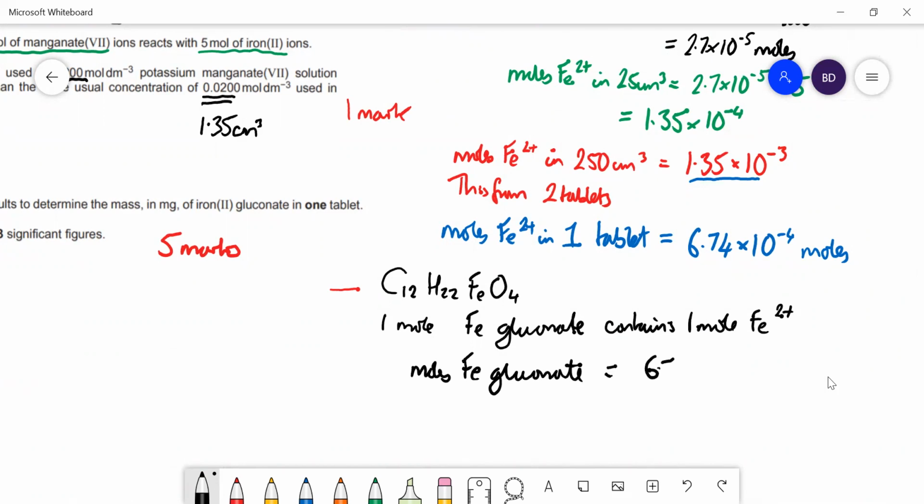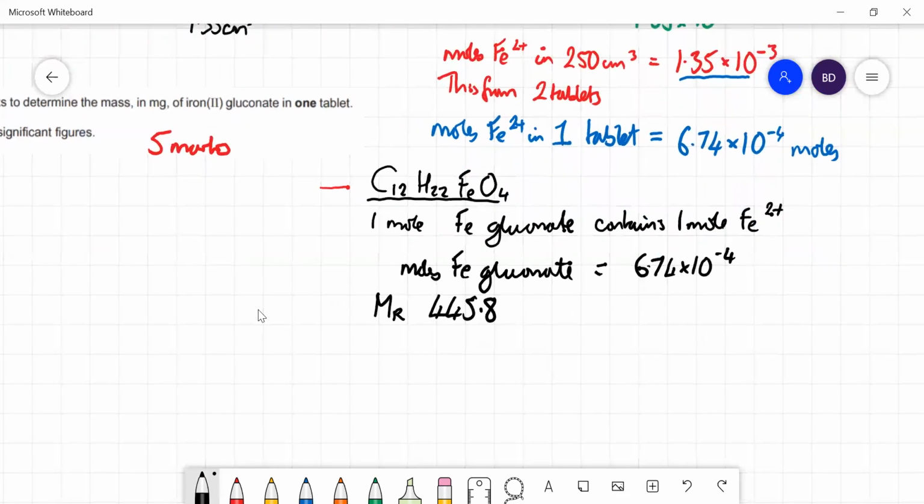Now we need to work out the mass of iron gluconate. So the Mr of iron gluconate, if you add up all of that lot together, it's pretty big, works out to be 445.8. So the final step now is you need to work out the mass of the gluconate.